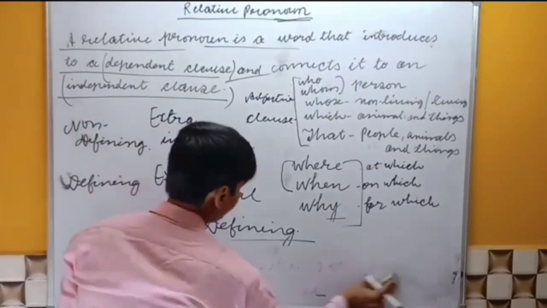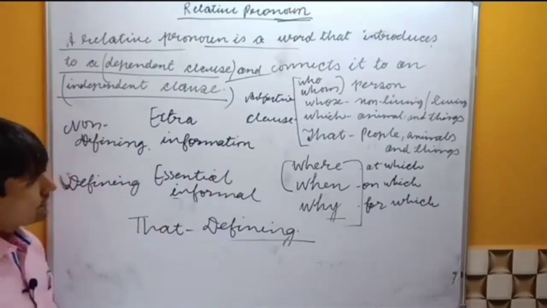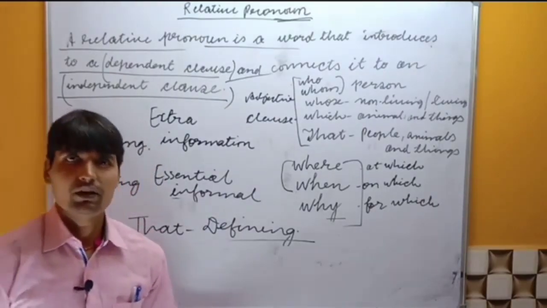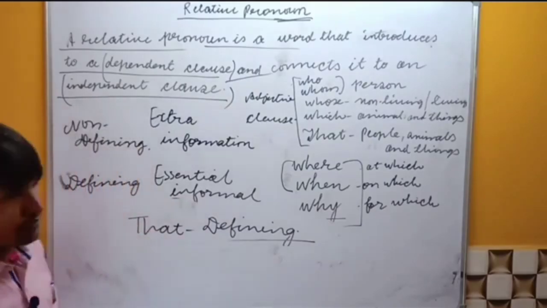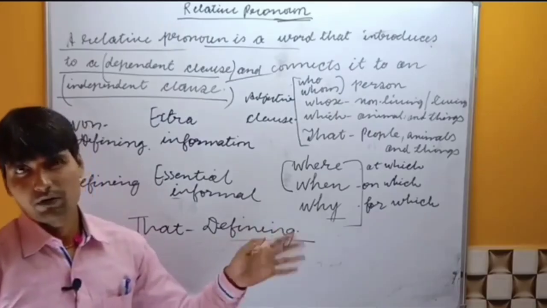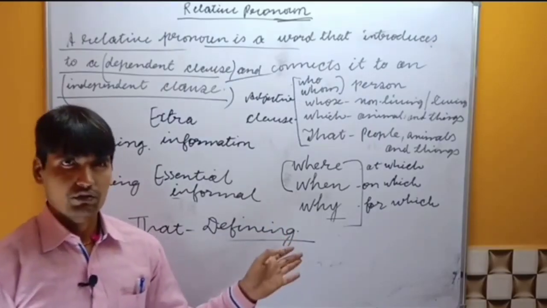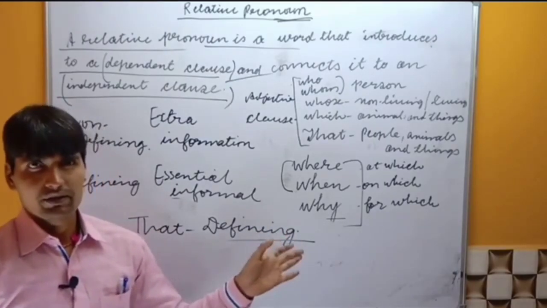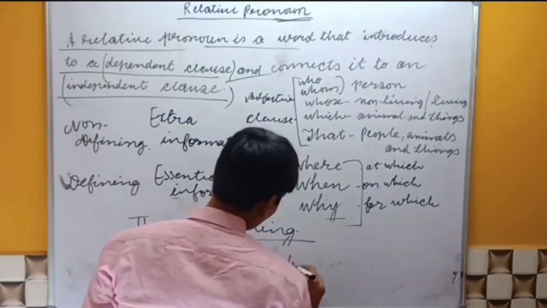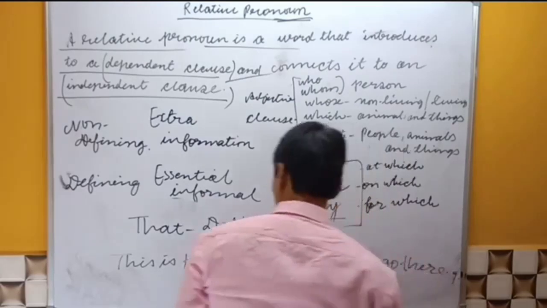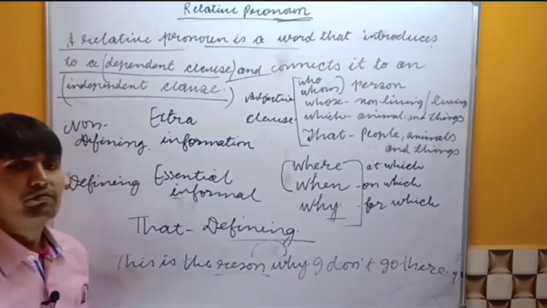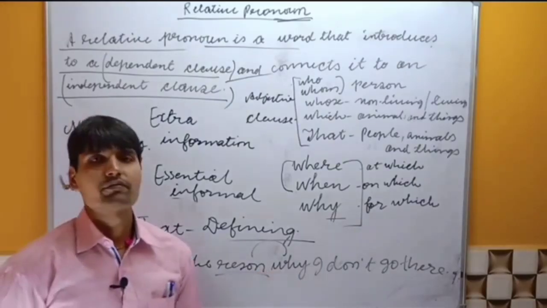Now the other one, why. It is showing the reason here. There are some persons who commit a mistake here by using it with a noun clause, like I don't know why you went there, but you don't have to use it that way, because you always have to use a noun or pronoun before the beginning of the dependent clause. So you can write, this is the reason why I don't go there, because before why there is a noun, reason, okay, and you are using why.